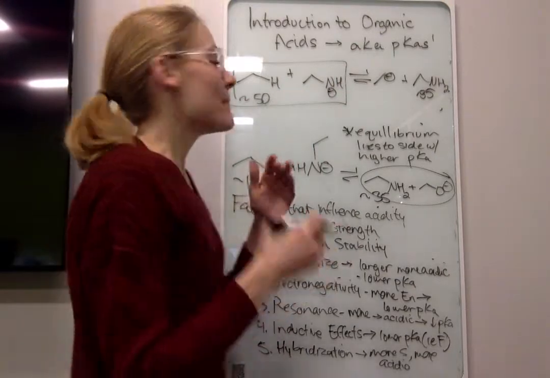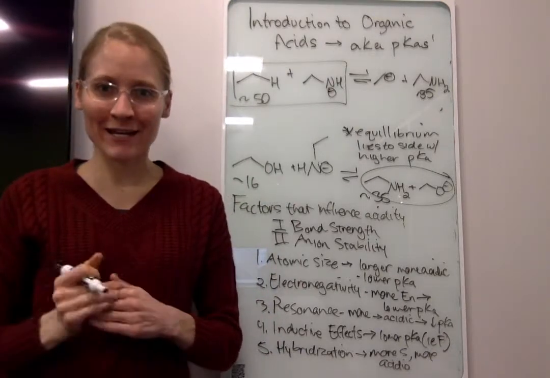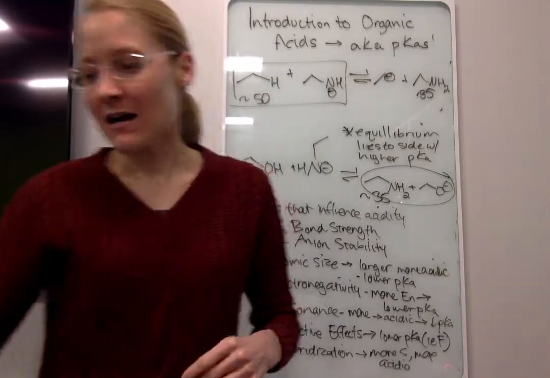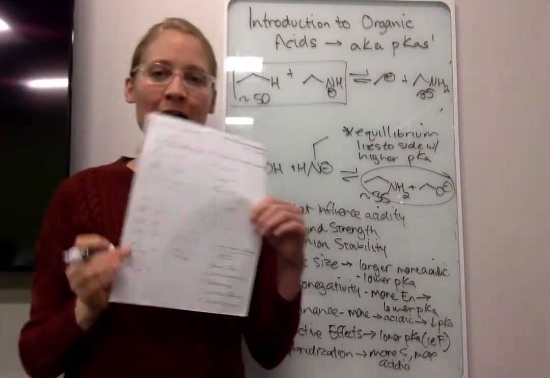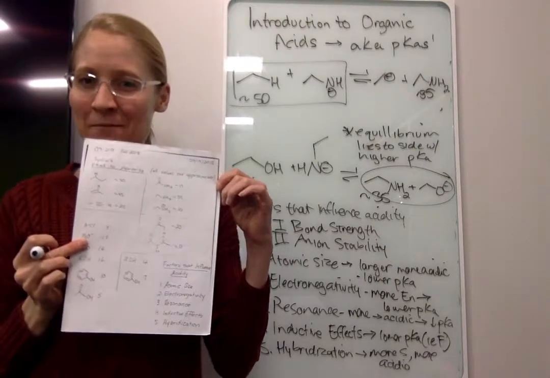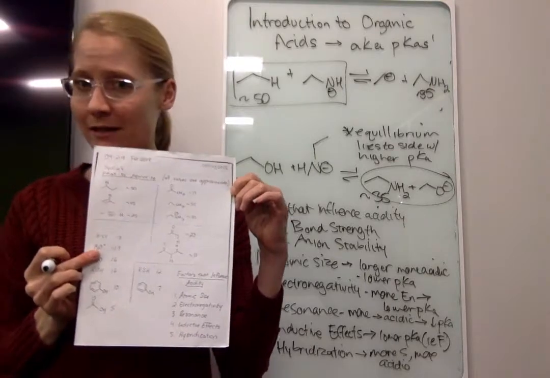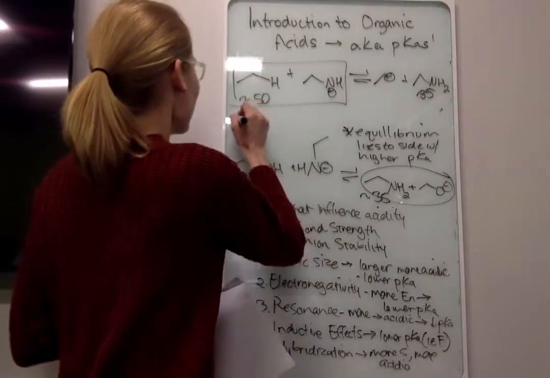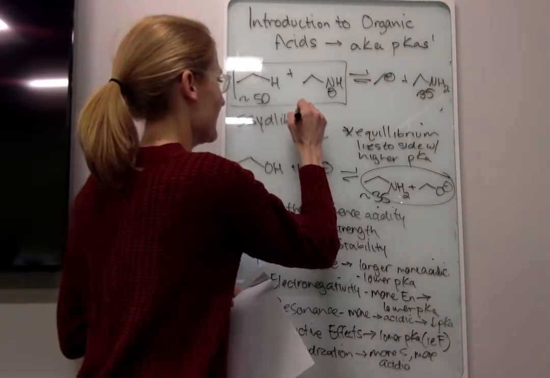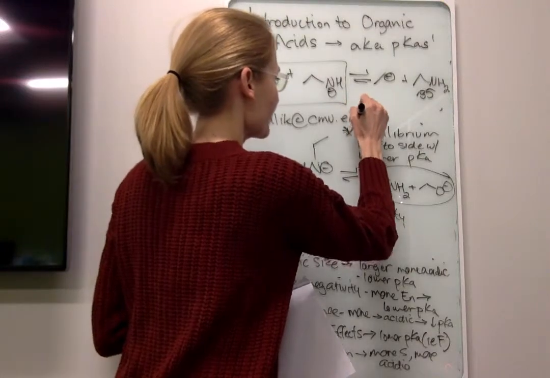Now there are many, many other examples that we can look at for this, and if you take my organic chemistry class, we will go through it ad nauseum, I promise. If you want my handy-dandy table of what I think are the most important pKas to know in Organic Chemistry 1, and you aren't in my class, you can email me. It's ssidlick@cmu.edu.